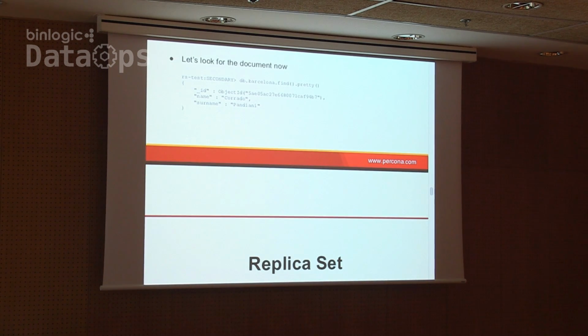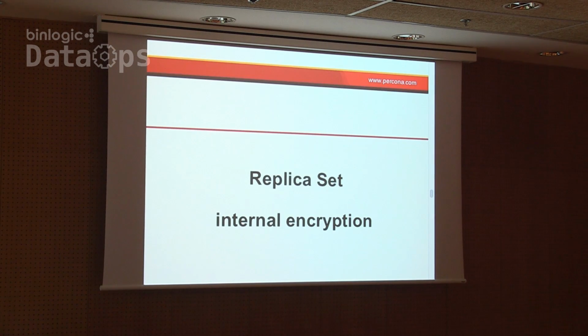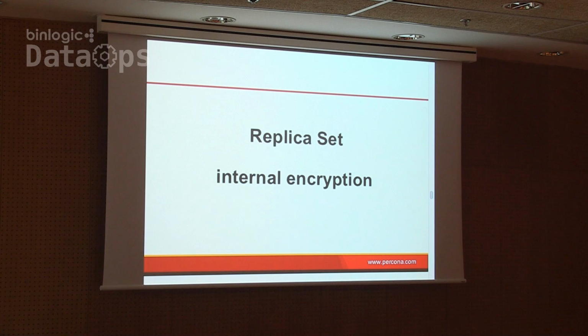So that's all. Configuration of a replica set is very simple. You just need to decide the name of the replica set and list the nodes. Once you do this, you have a replication completely configured and running very well. In the real world, it is not so simple, but the basic configuration is really very simple.